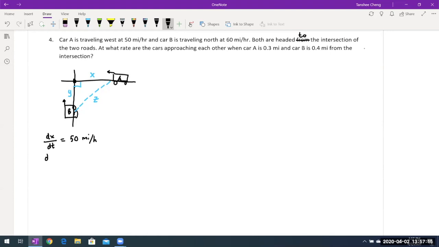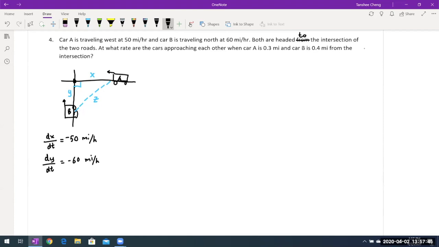I should emphasize that because they are going toward the intersection, it is negative. And also dy/dt, when they are moving toward the intersection, the distance is getting smaller and smaller, so it's going to be negative 60 miles per hour.